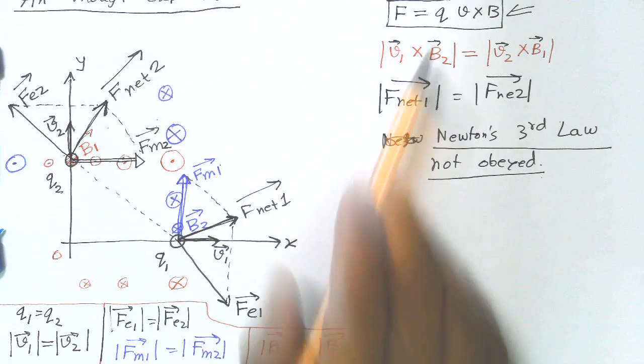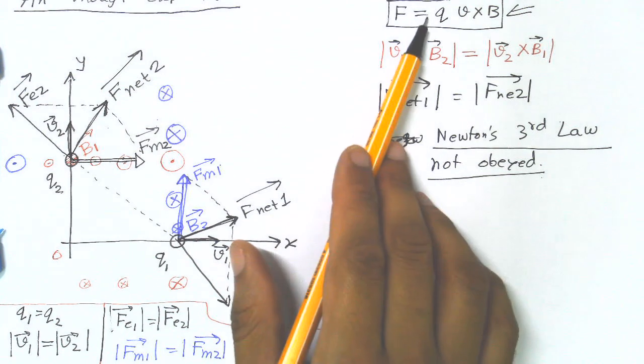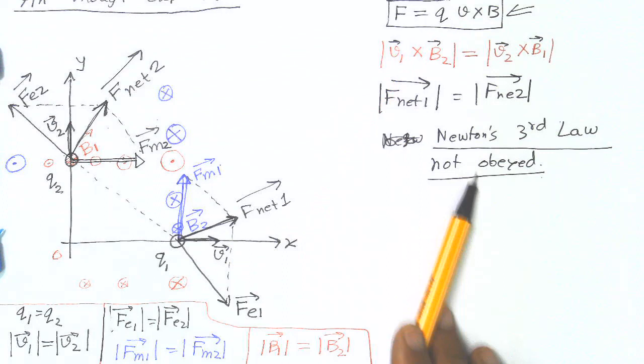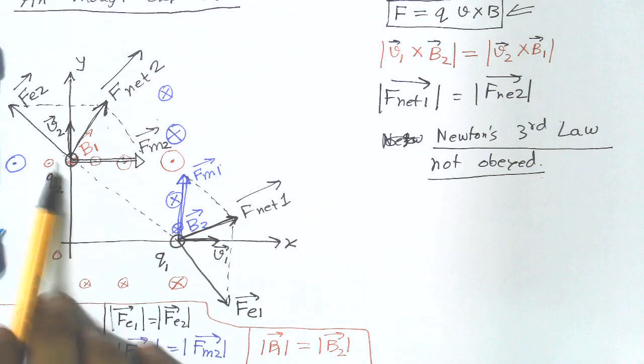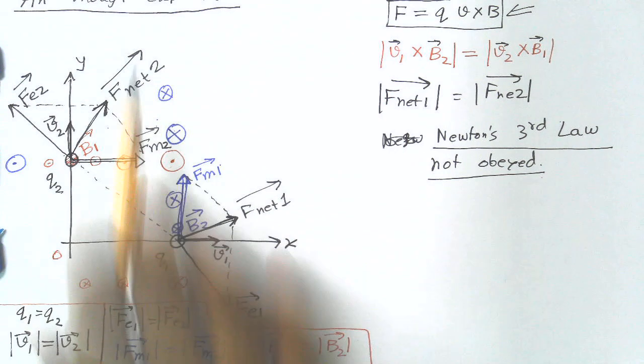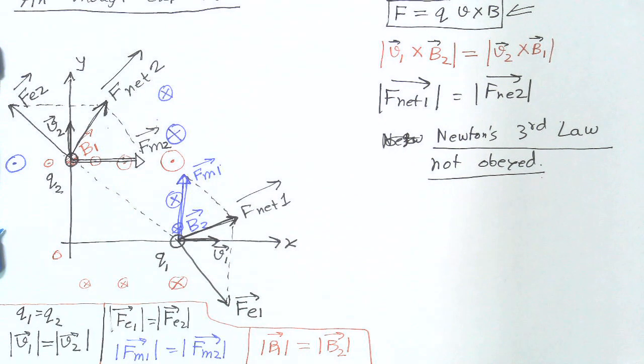But I know both this Lorentz force equation and Newton's third law are true. Then did I make any mistake while analyzing this thought experiment? I request you, please see if I made any mistake, and please tell me what is wrong here, please.